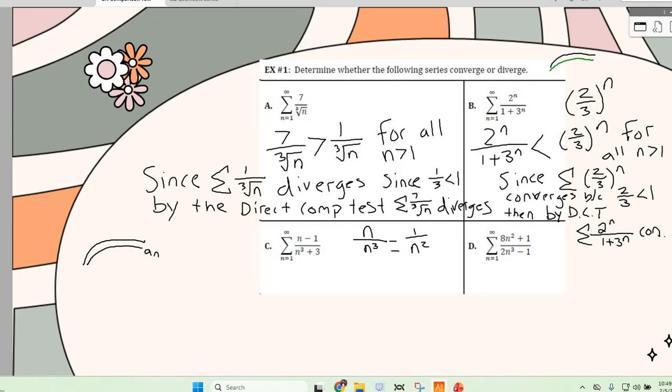Yes? Okay. We need to convince ourselves of that. This is where sometimes it's helpful just to plug and chug a little bit. We can think through it critically, right? If I'm making my top smaller and my bottom bigger, either one of those in and of itself would make the whole thing smaller, right?